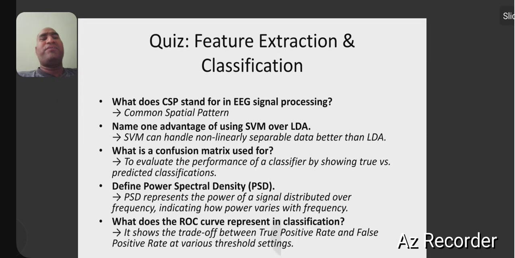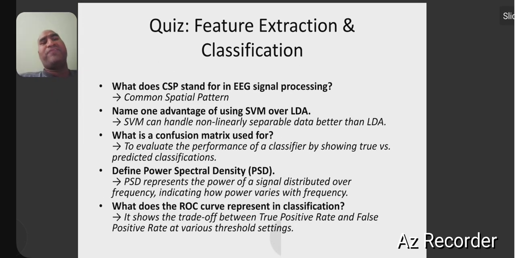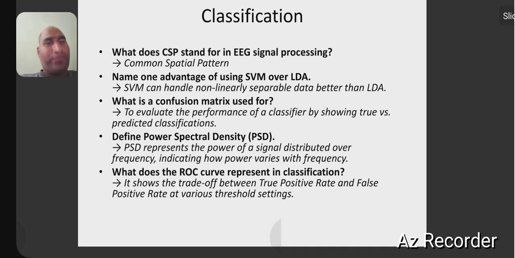And the quiz for feature extraction and classification: What does CSP stand for? Common spatial pattern. What is the advantage of using SVM over LDA? SVM can handle non-linearly separable data better than LDA. What is the confusion matrix? It evaluates the performance of a classifier by showing true versus predicted values.